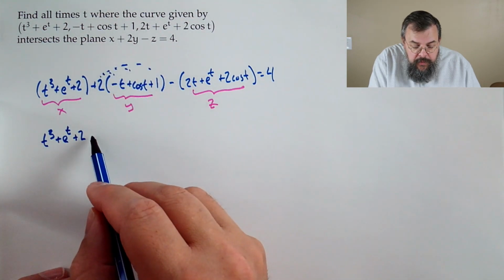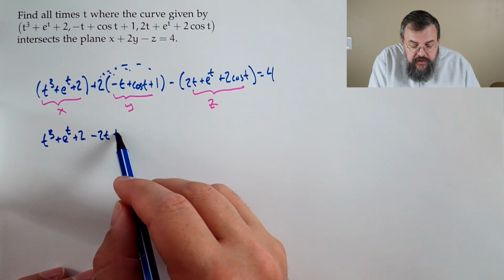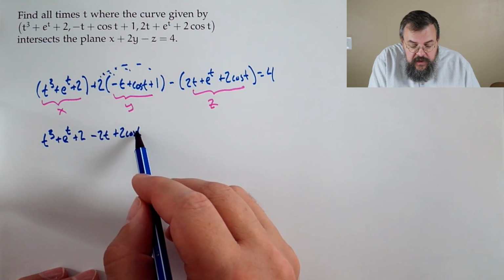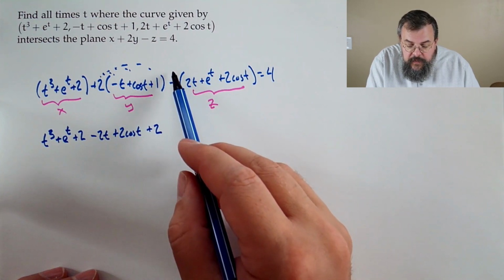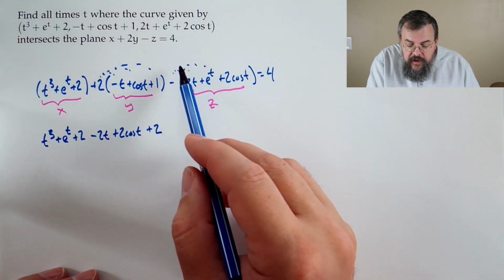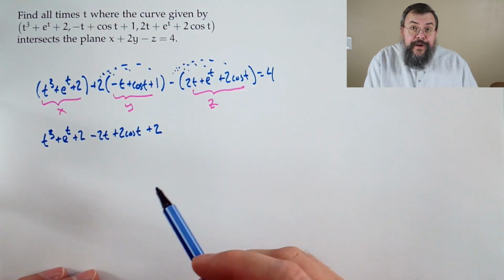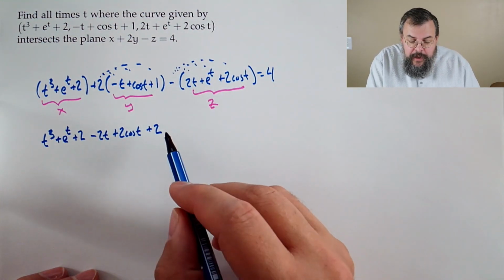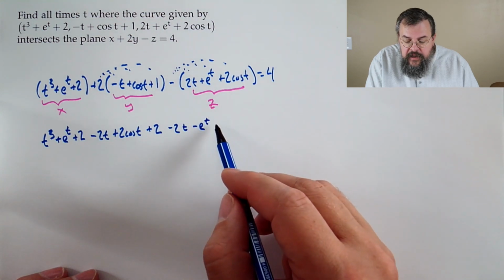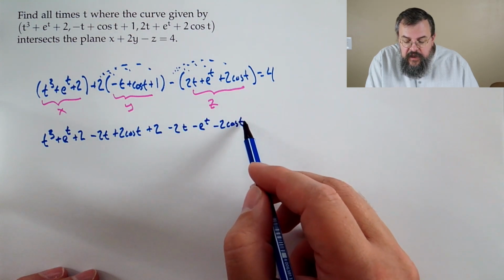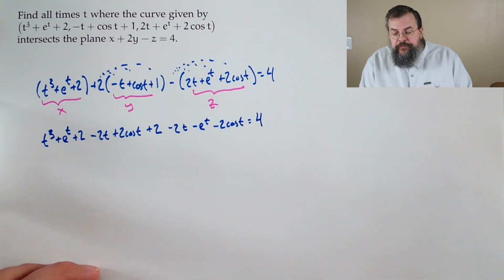So we have minus 2t plus 2 cosine t plus 2. Over here, don't forget the minus sign distributes. It doesn't just go to the first term, it goes to all the terms. Minus 2t minus e to the t minus 2 cosine t equals 4.